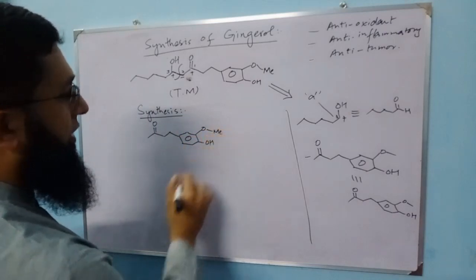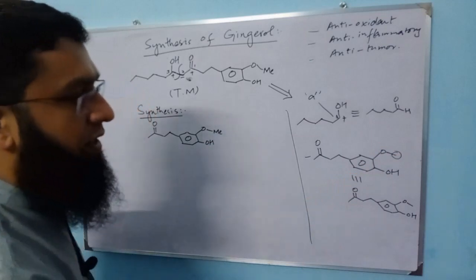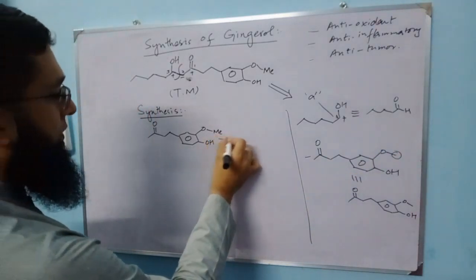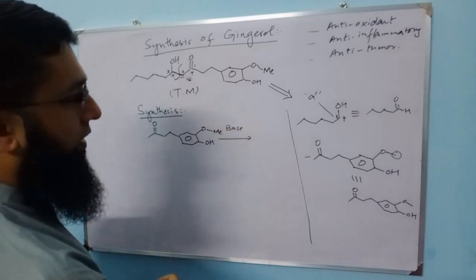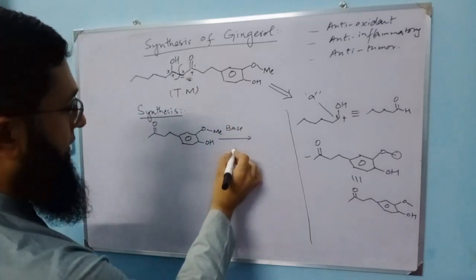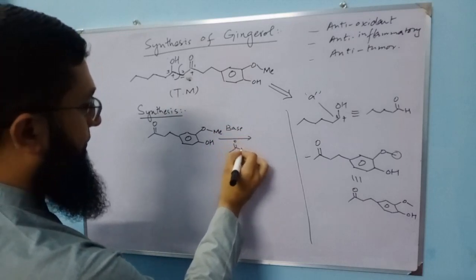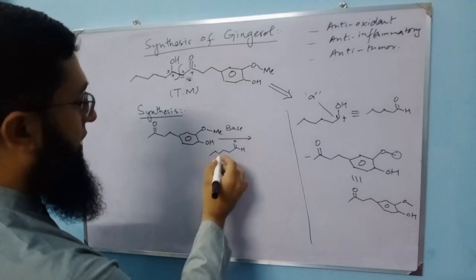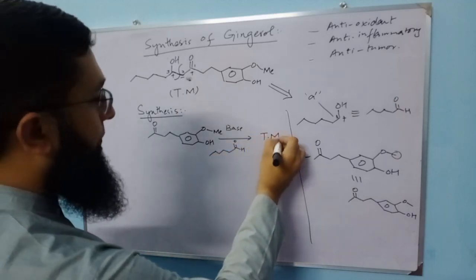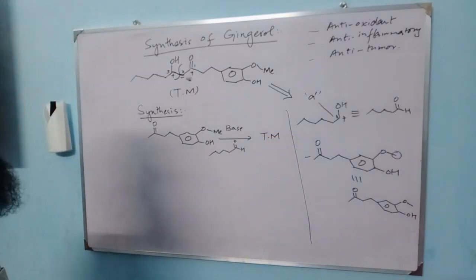Here is methyl. If you don't put anything, this corner also represents a methyl group, so we add base, and we can add the aldehyde, this one, and as a result of this reaction we will get the target molecule. So this was the synthesis of gingerol.